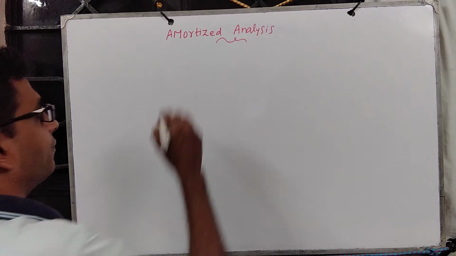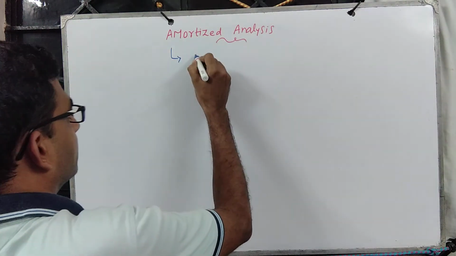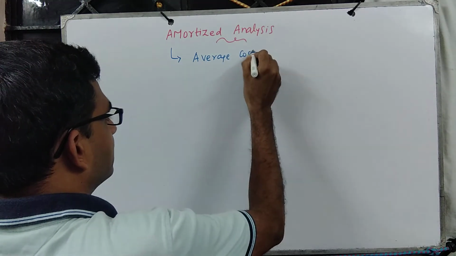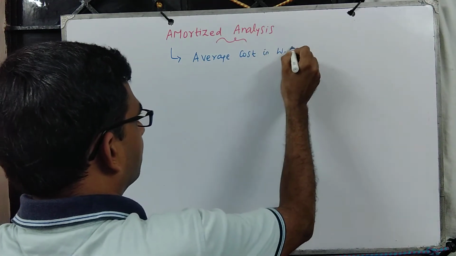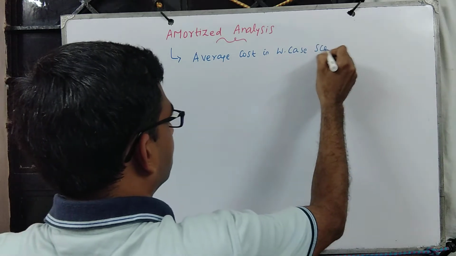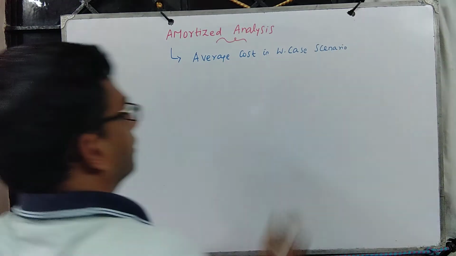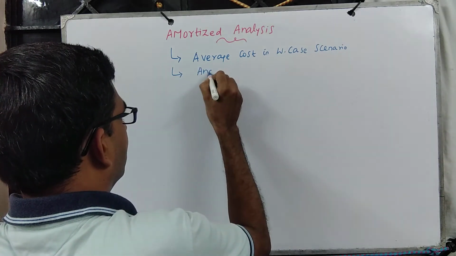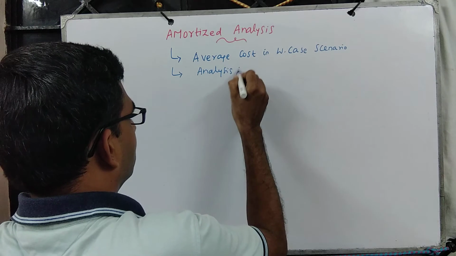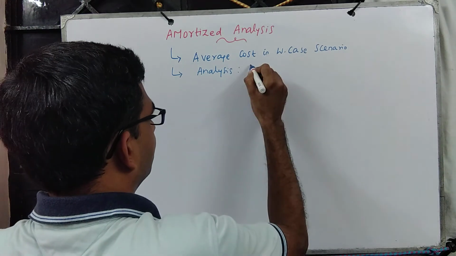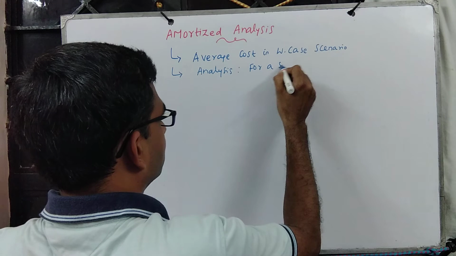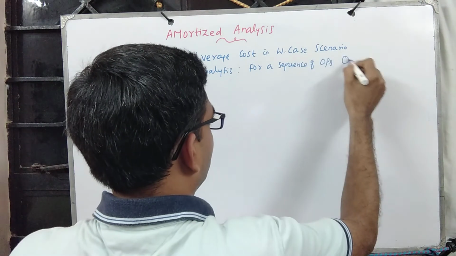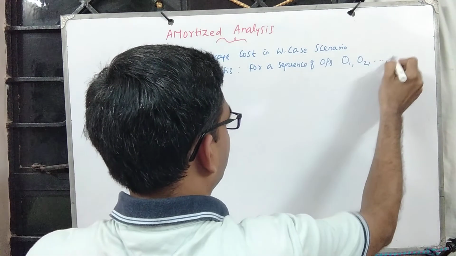So the objective of amortized analysis is averaging argument. So average cost in worst case, and in particular the analysis is for a sequence of operations O1, O2, so on up to Ok.